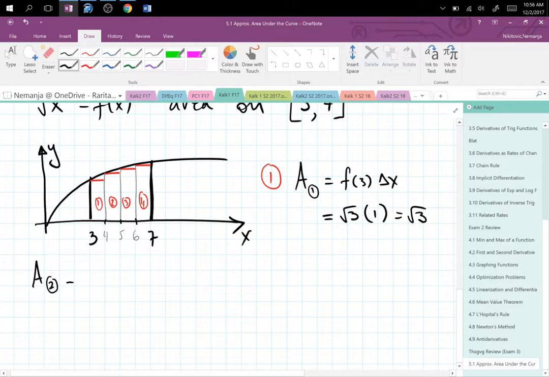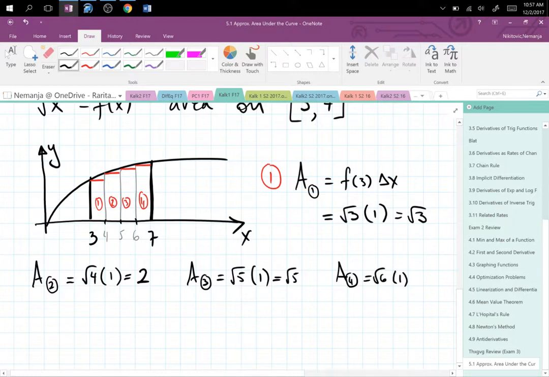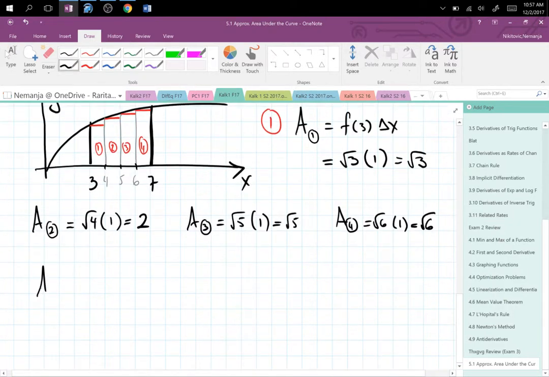Now you can go and calculate the other 3 rectangles the same way. The area of the second rectangle is square root of 4 times 1, which is 2. The area of the third rectangle is square root of 5 times 1, which is root 5. And the area of the fourth rectangle is root 6 times 1, which is root 6. Do not calculate, in this case, root 7, because there is no rectangle to the right of 7. So 7 is the right end. When you sit and think about it a little bit, it will be clear. So now, what is the overall area?